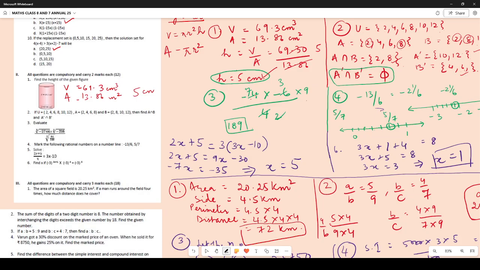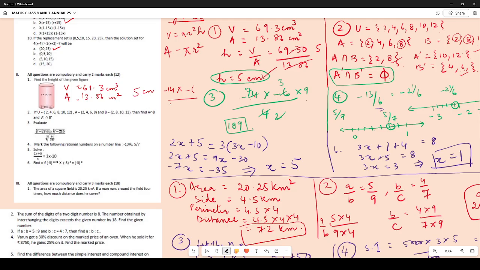We know minus 216 is the cube of minus 6, divided by, so what we have over here is minus 14 into minus 6 divided by 64.